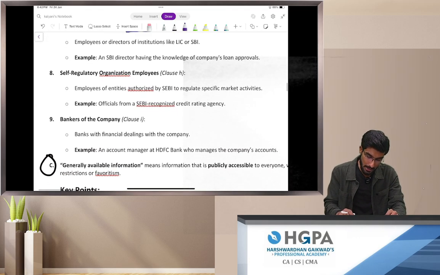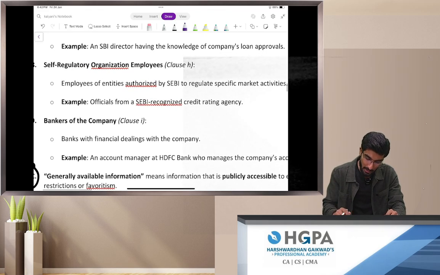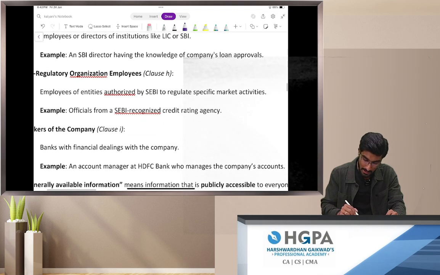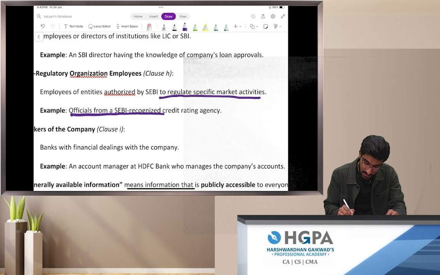Next is people, self-regulatory organization employees. Employees of entities authorized by SEBI to regulate specific market activities. Example, officials from a SEBI recognized credit rating agency.